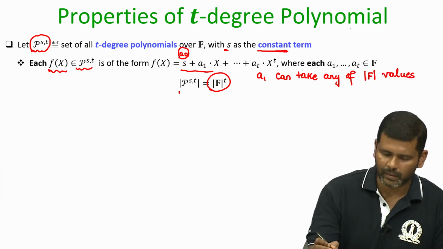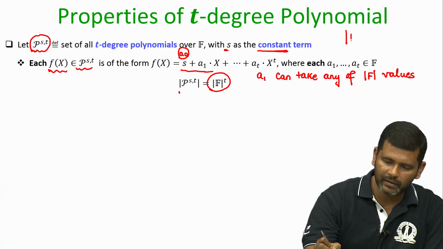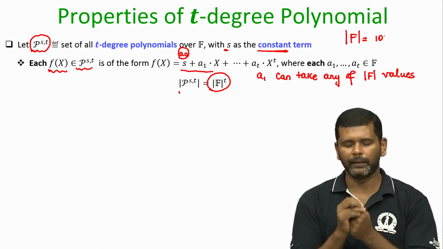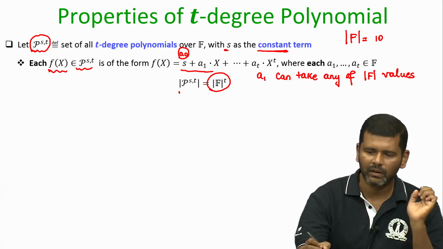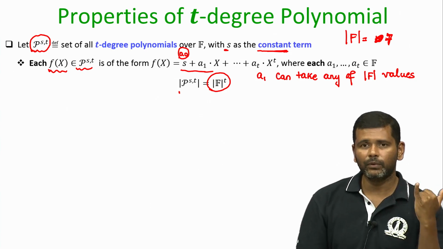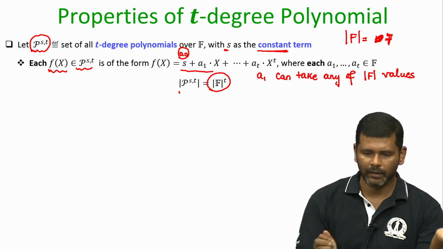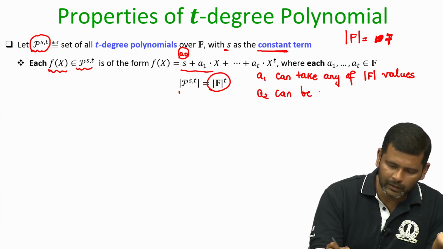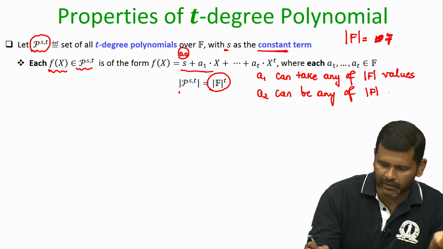If, say, there are 7 elements in your field, then a 1 could be any of those 7 elements. a 2 also can be any of those 7 elements, and so on.